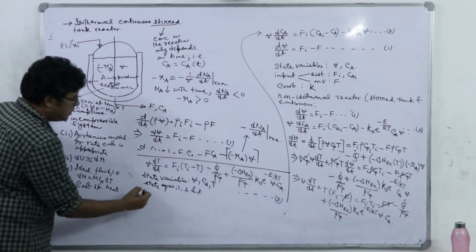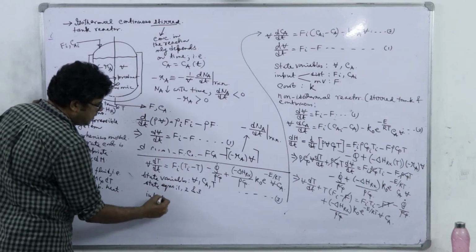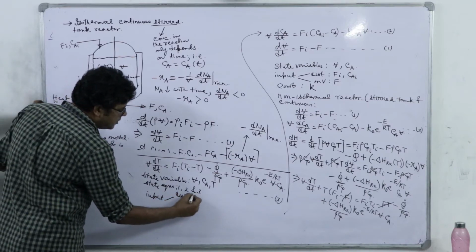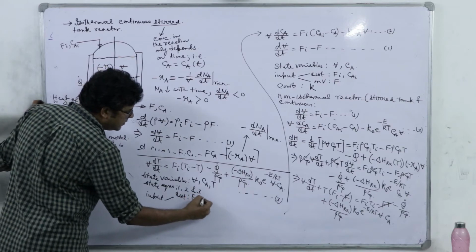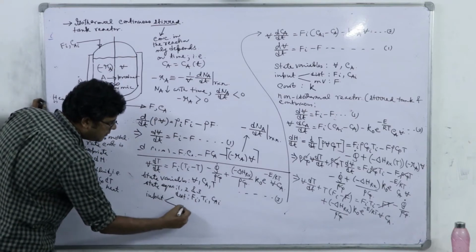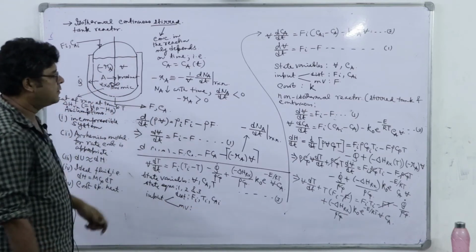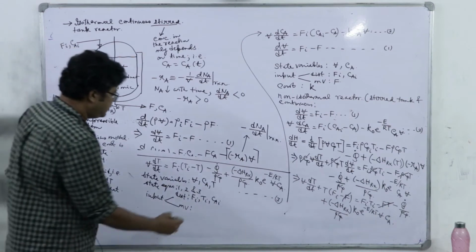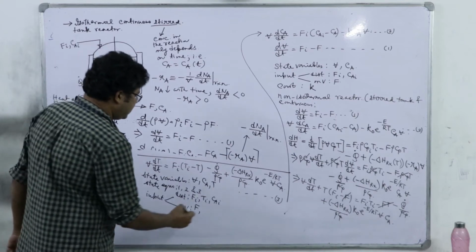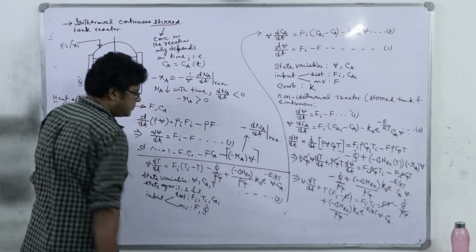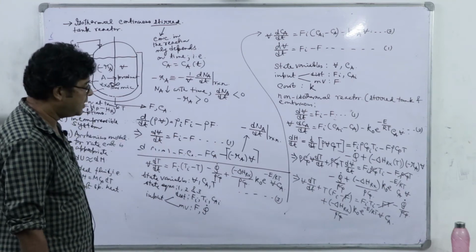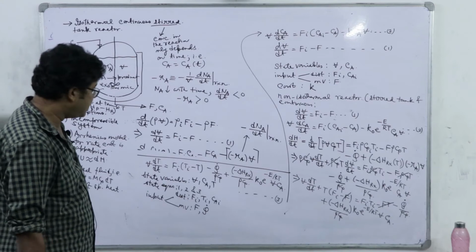Then inputs: in this group we have disturbances. So disturbances are Fi, Ti, Cai, and we have manipulated variables as well. What are the manipulated variables? F is a manipulated variable and Q dot is a manipulated variable. Q dot is present in this enthalpy balance and F is another manipulated variable.